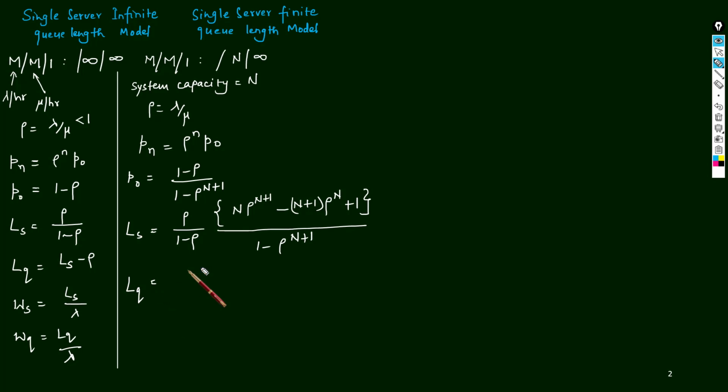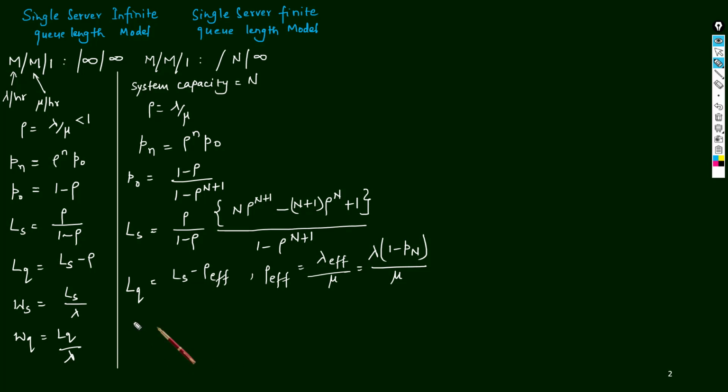Lq is Ls minus rho effective. Here we have to calculate rho effective, where rho effective is equal to lambda effective divided by mu. Lambda effective is lambda into 1 minus Pn.